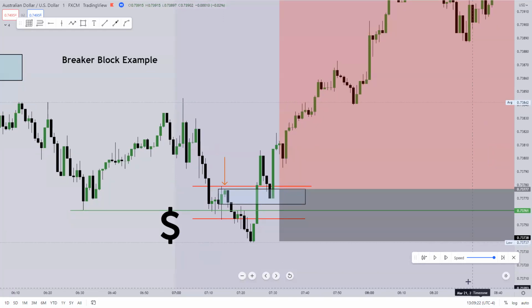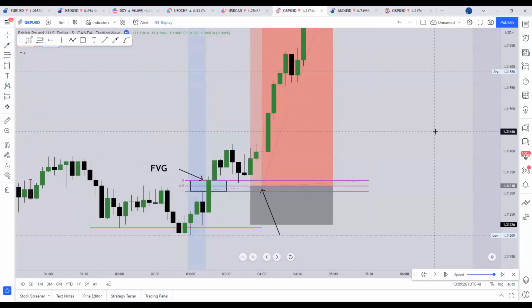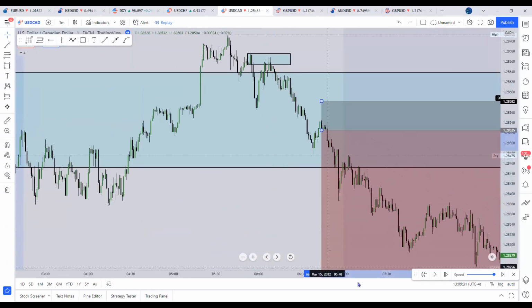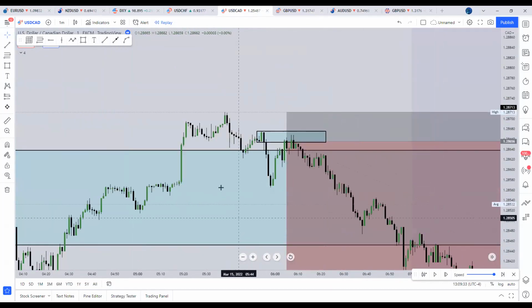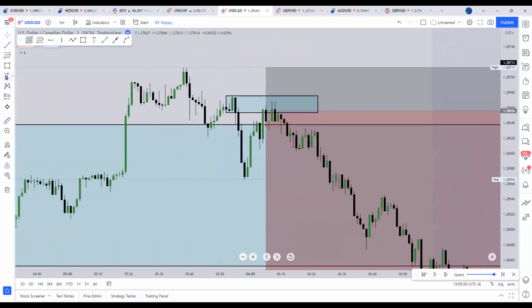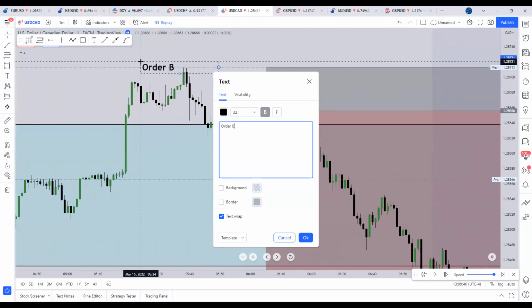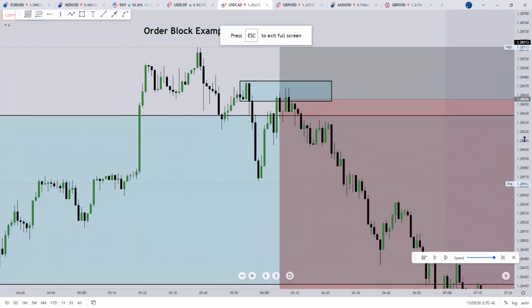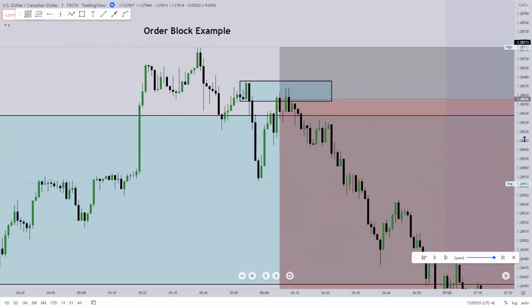Okay. Here's your fair value gap example. And now here's your order block example. Take a screenshot of this.